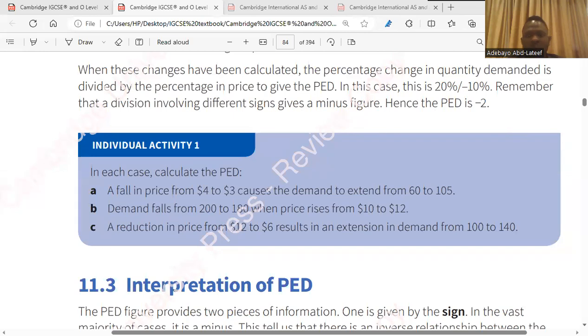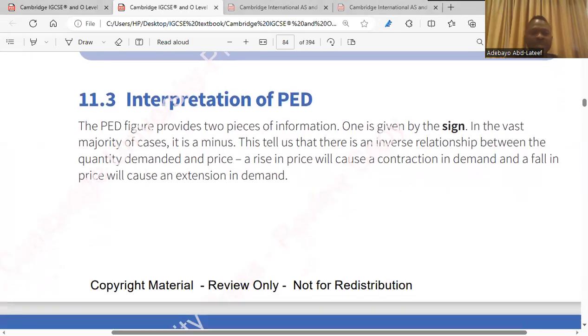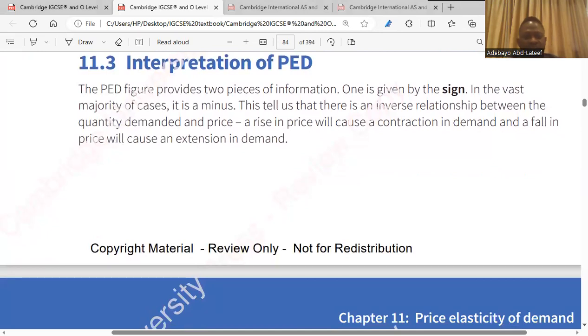All right. So we'll go to interpretation now. Interpretation of PED. I think it's clear. You can do the other ones yourself later. So the interpretation of the PED: the PED figure provides two pieces of information.